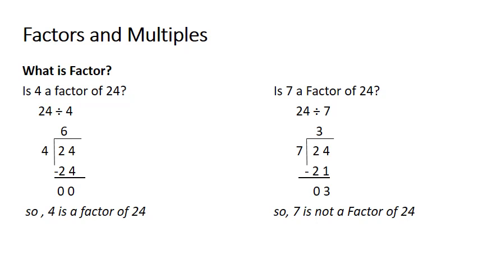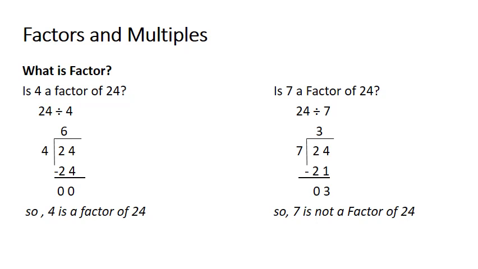Now on the other side, let's see the second example. In this example, we are going to check whether 7 is a factor of 24 or not. To know that, we will divide 24 by 7. Now 24 is not there in the 7 table, so we will do 7 threes are 21.